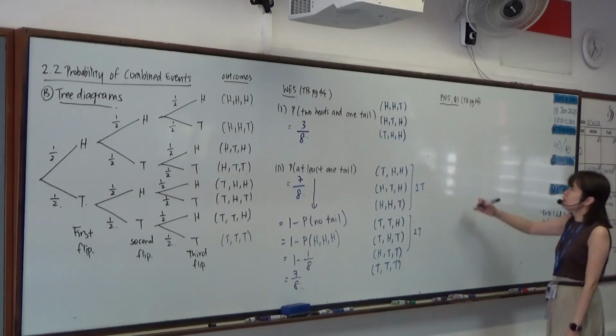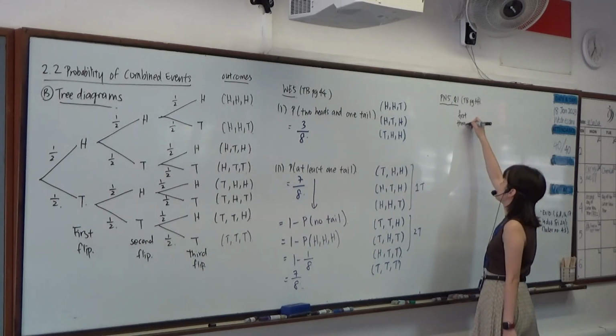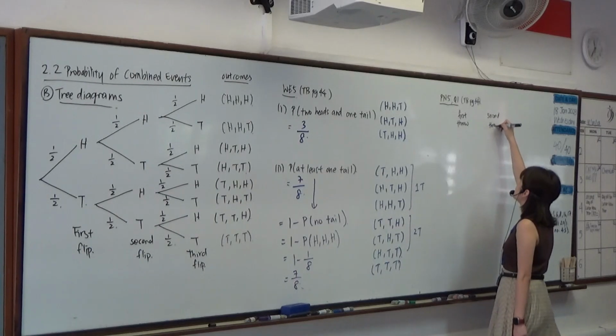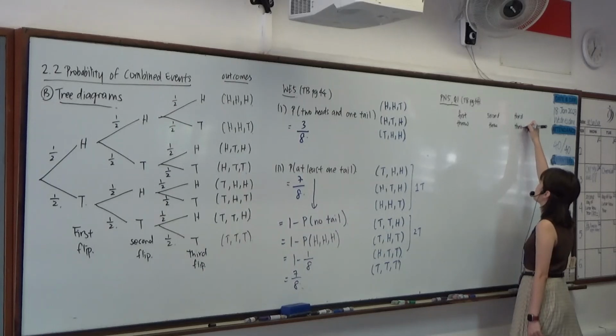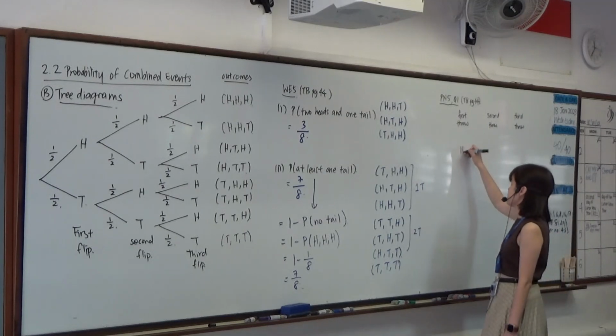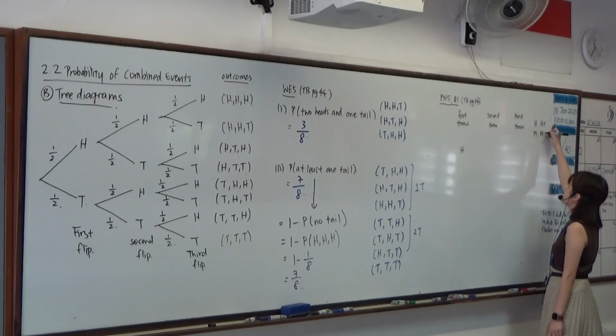Because there are 3 different throws, we need to have 3 separate columns. And then we are trying to get hit or miss. So you can use the letter H to represent hit and M to represent miss.